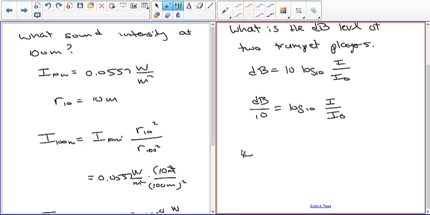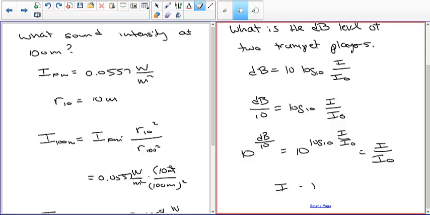Then you raise 10 to both sides, and because these are inverse functions, it just becomes I over I0. So the sound intensity in watts per meter squared is equal to I0 times 10 raised to the decibels divided by 10.